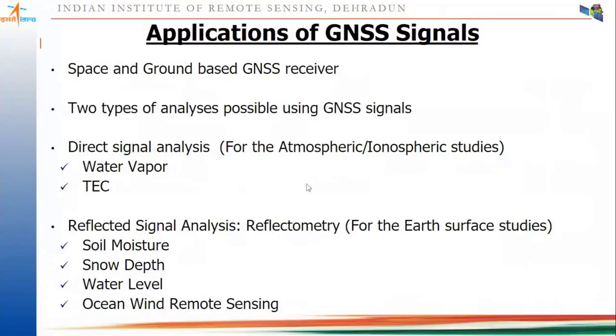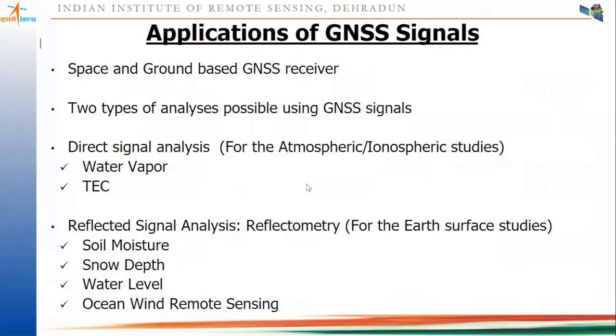Now another is the ground-based GNSS receiver. For analysis at a particular point or location, we will fix this GNSS receiver on the ground. The space-borne receiver is continuously moving. The low Earth orbit satellite takes around 90 minutes to complete an orbit.